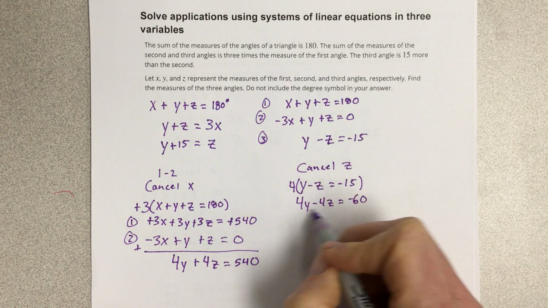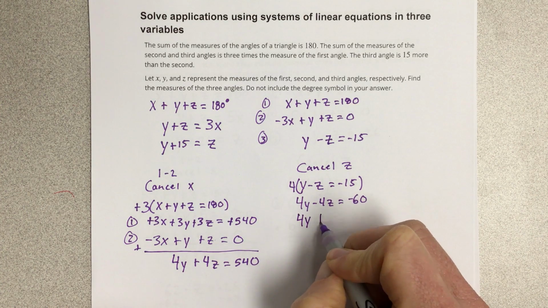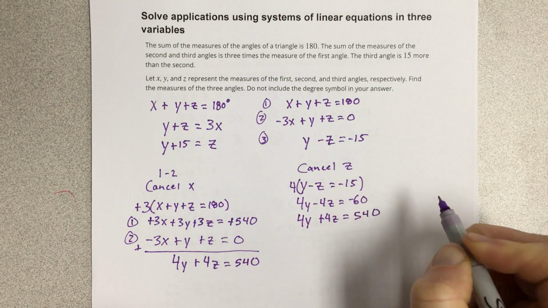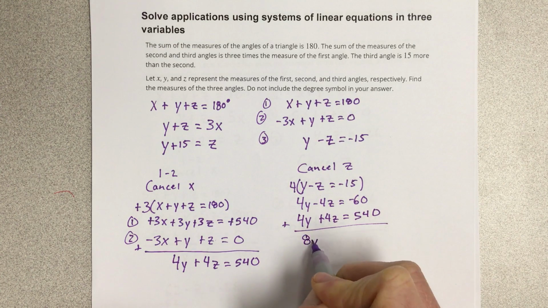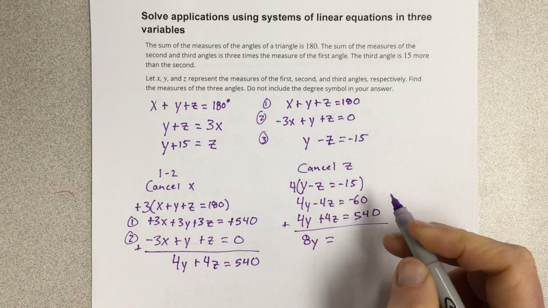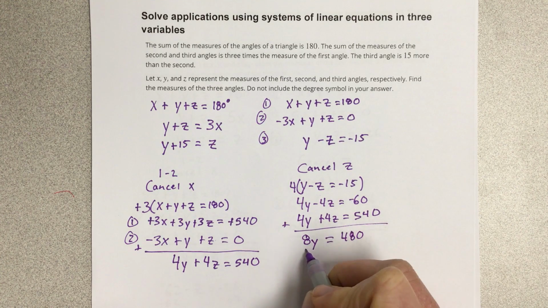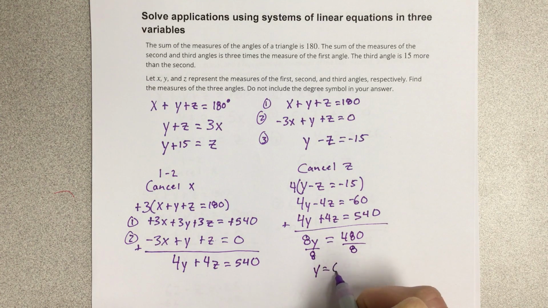Now I'm going to combine that with the bottom equation. So that's 4y plus 4z equals 540. When I add those things together, that's 8y equal 480. Then we divide by 8 on each side, and that means y is equal to 60.